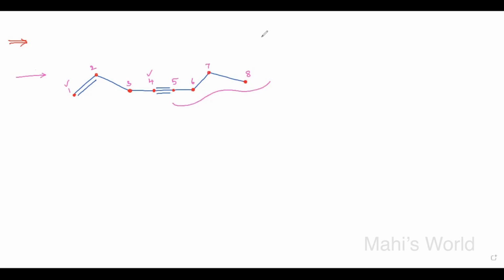So 100% you cannot give numbers from this end because it will be like 1, 2, 3, 4. After fourth, a triple bond. After seventh, a double bond. 100% we don't go for this. So this one is 100% wrong.